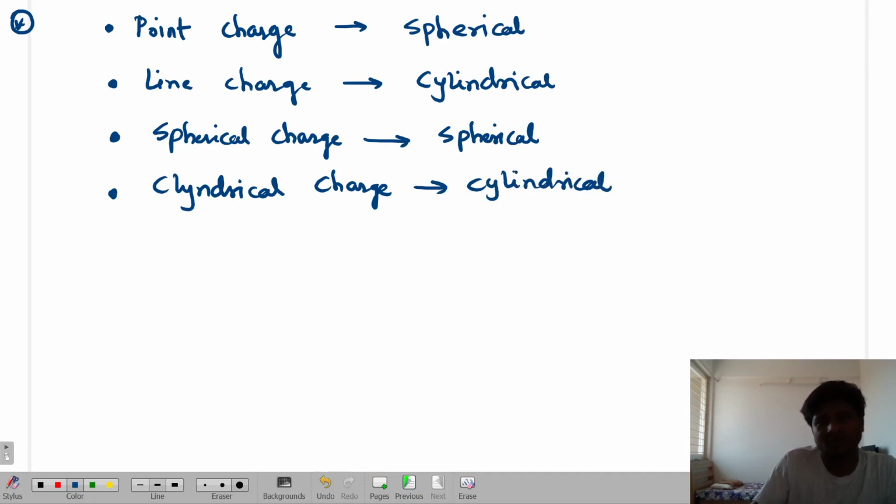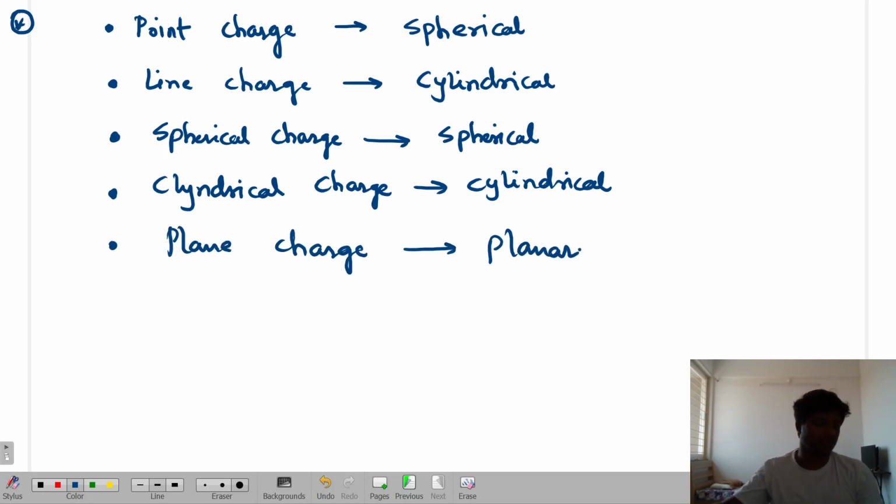Spelling mistakes you should ignore, okay? And then if I have a plane charge, means a kind of sheet, rectangular sheet or something like that, then what is the equipotential surface? Planar. Are you able to get me? Is that clear or not?